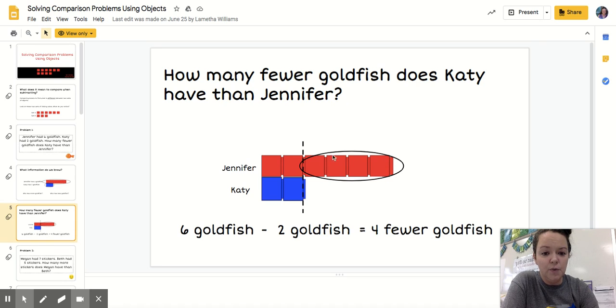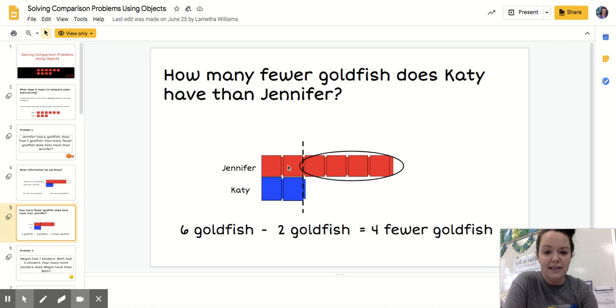The circle shows us the extra, how many more does Jennifer have than Katie? The question was, how many fewer goldfish does Katie have than Jennifer? Katie doesn't have blue cubes right here. She didn't have as many as Jennifer. So I can count the extra cubes Jennifer has to see the difference between their two groups of goldfish, right?